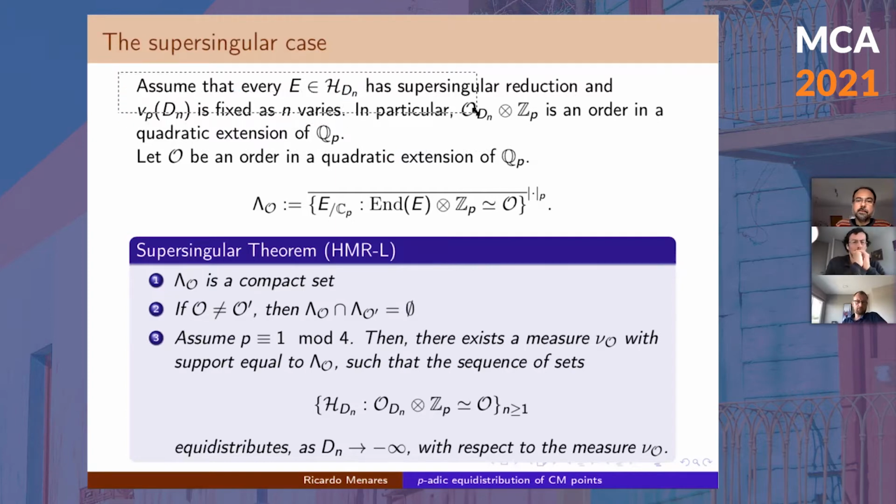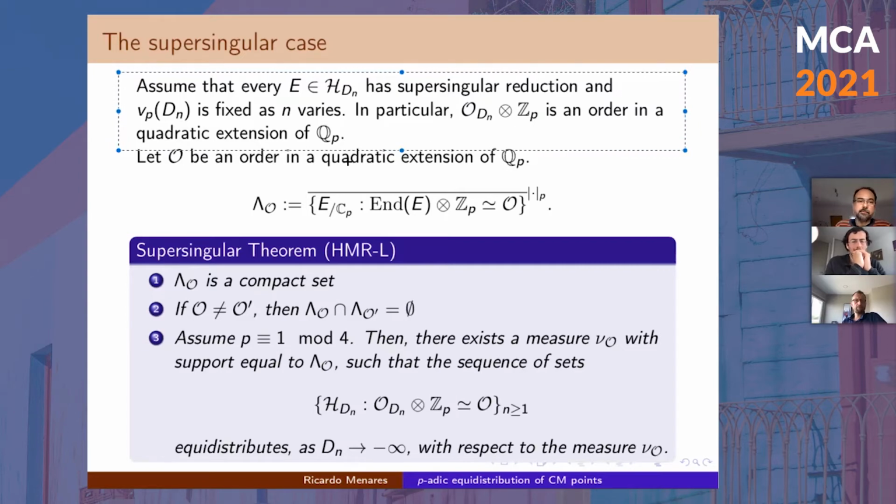This translates, in particular, to the completion of O_Dn, the endomorphism ring of the elliptic curves, at p being an order in a quadratic extension of Q_p. In order to have supersingular reduction, your prime has to be either inert or ramified.